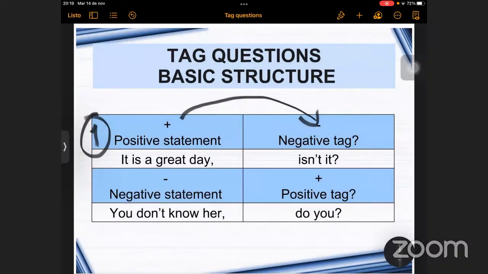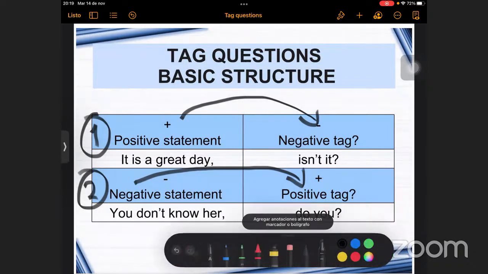That is one. Option number two, you may have a negative sentence. So starting with a negative sentence, okay? And the mini question should be in positive form. Yes?